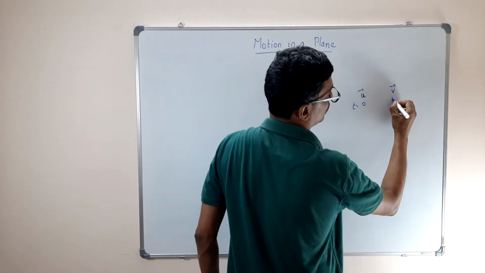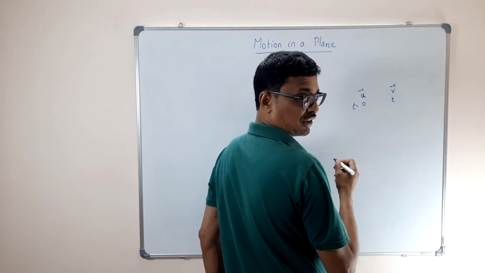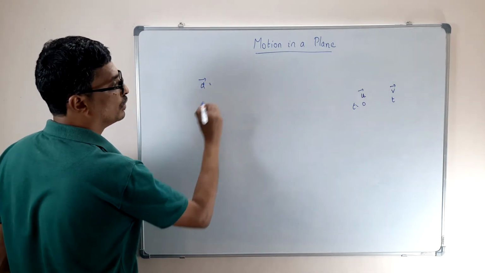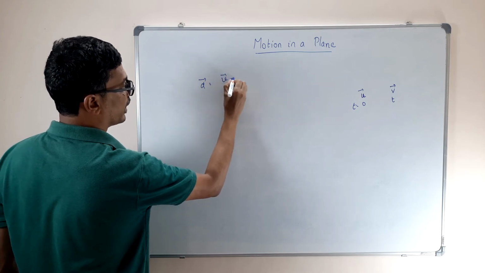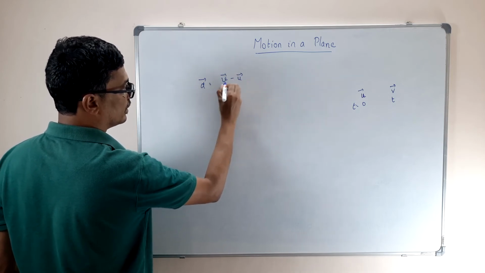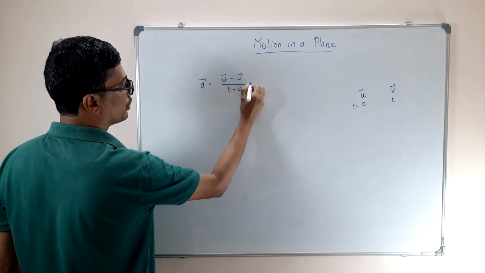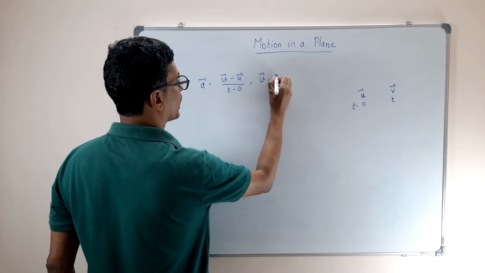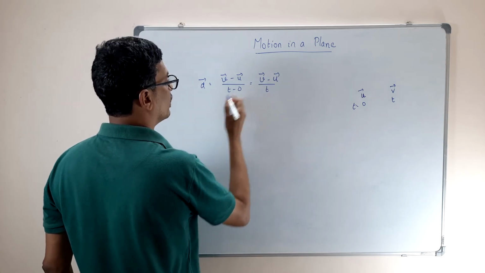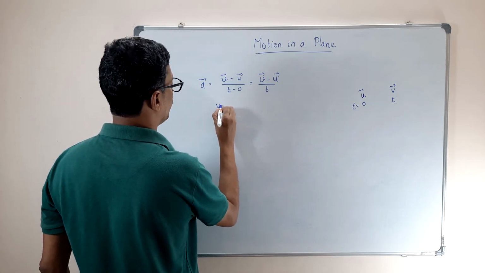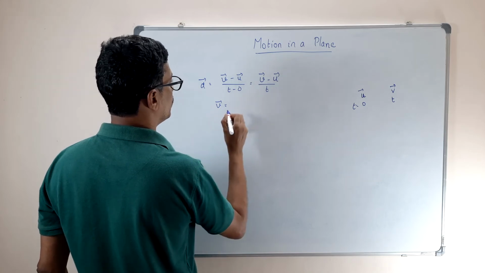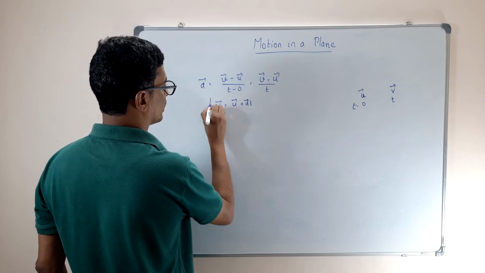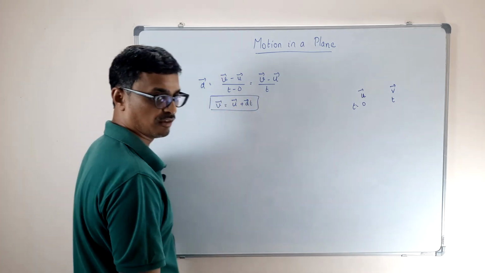At t equal to a certain time, this is the velocity. So what is your acceleration? a is equal to v minus u, this is the change in velocity, divided by t minus 0, that is equal to v vector minus u vector divided by t. From here your v vector will be equal to u vector plus a t. a is a vector. The same thing we got earlier.